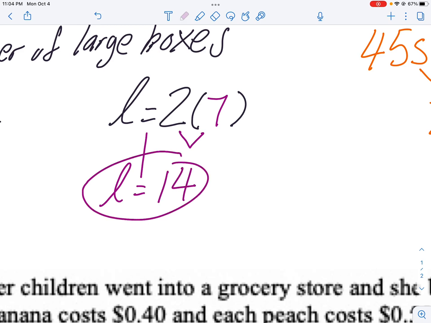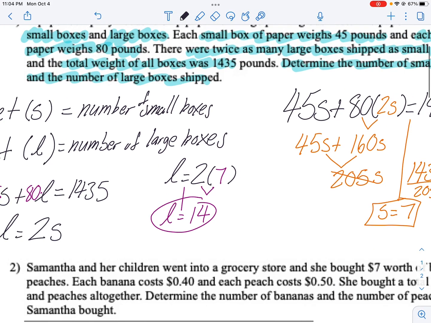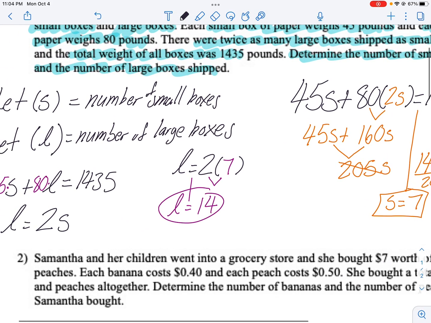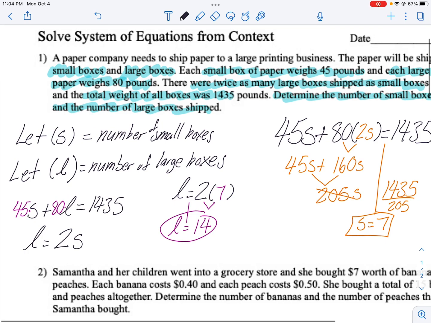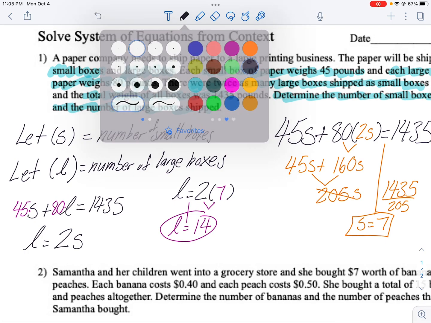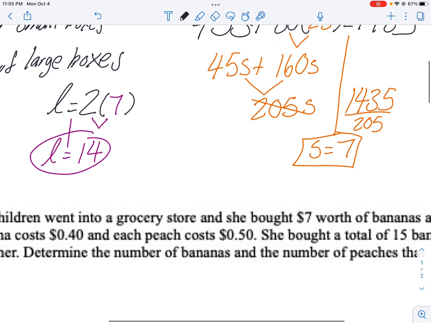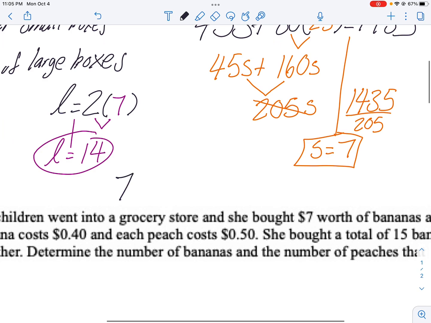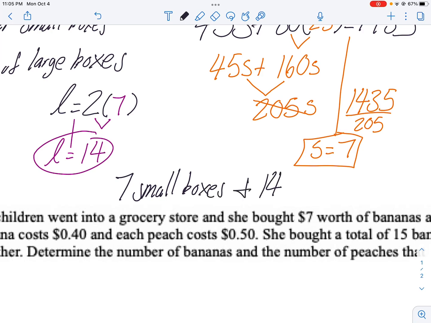And there you go. So our final answer is 7 small boxes and 14 large boxes.